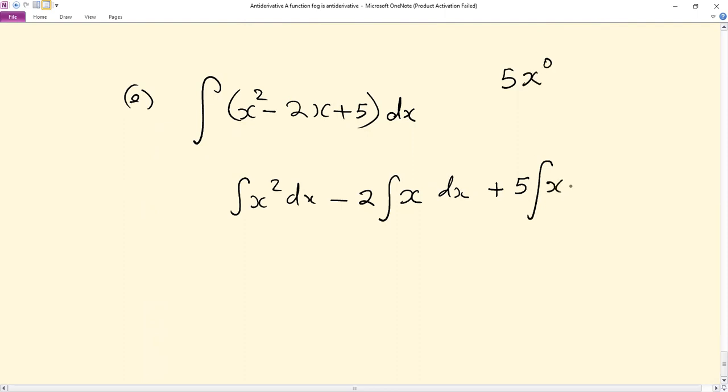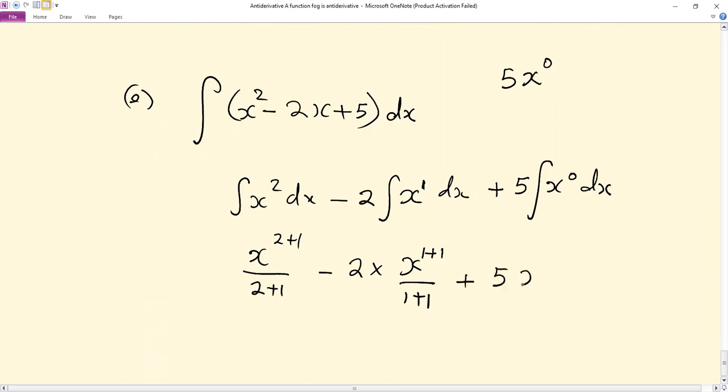This will be x raised to the power 2 plus 1 over 2 plus 1, minus 2 times x raised to the power 1 plus 1 over 1 plus 1 (remember the power here is 1), plus 5 times x raised to the power 0 plus 1 over 0 plus 1, and then you add the constant of integration c.